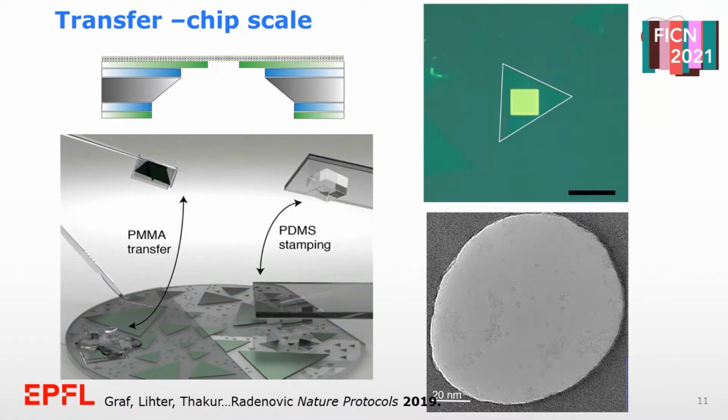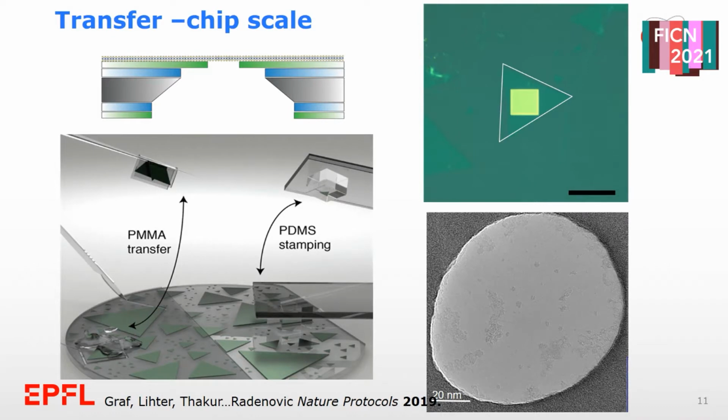So having developed these systems, we then also had to transfer a material from our grown system to these substrates, and for that we use two types of transfer. One is transfer based on PMMA, a photoresist which we coat on the wafer where we grow two-dimensional materials, and then we pick a small area of grown material and position it directly on top of the membrane.